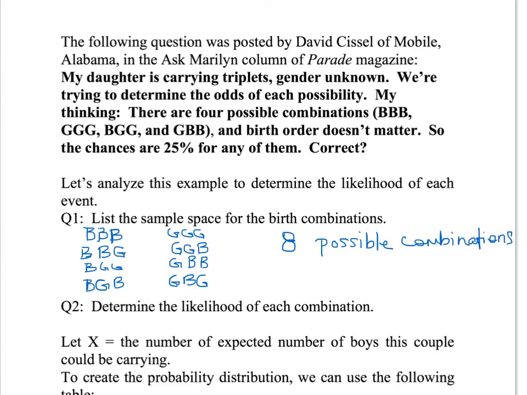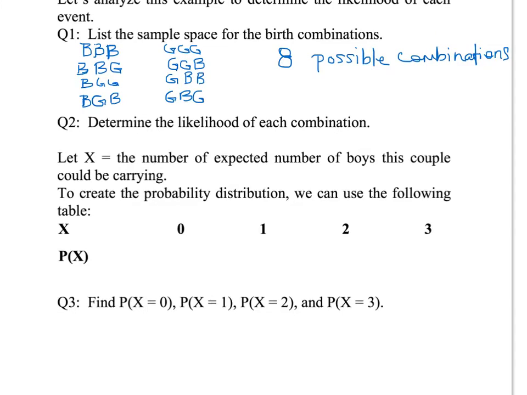Let's look down at question 2 to determine the likelihood of each of these combinations. Keep in mind that for any one combination, we're looking at successive events, successive births. There are 3 different trials. In any one trial, the gender of the child is considered to be equally likely.